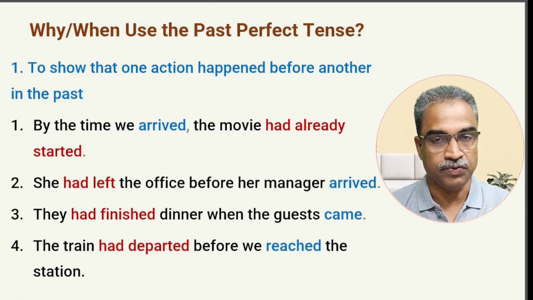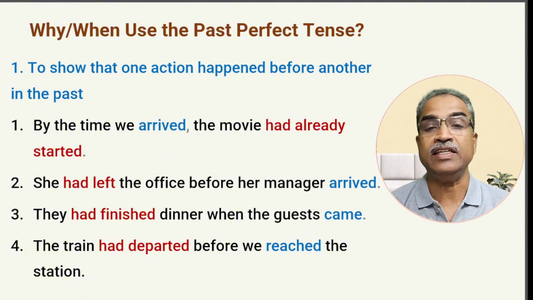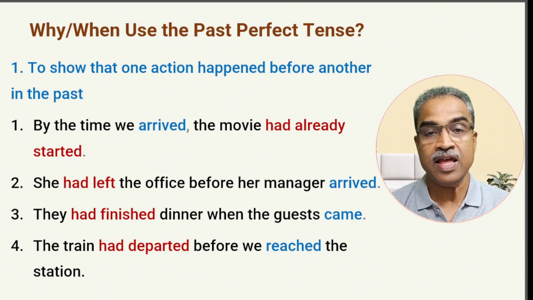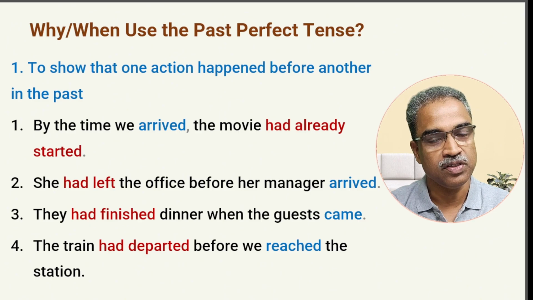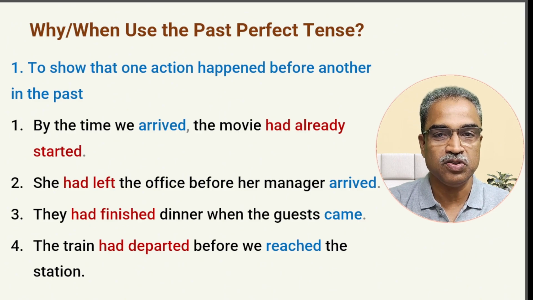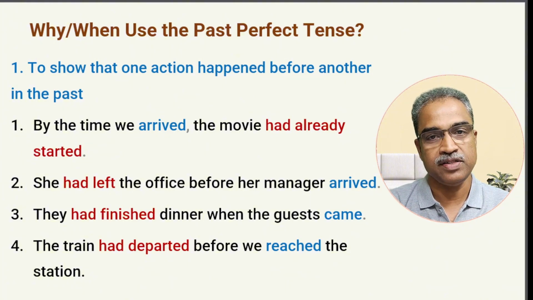So the first action is starting of the movie. So we put that first incident in the past perfect. And the second incident, the latest incident in the recent past, we put into simple past tense. So this is a use of double past we call. In one single sentence, we use simple past and past perfect.